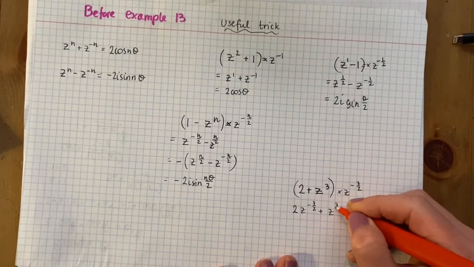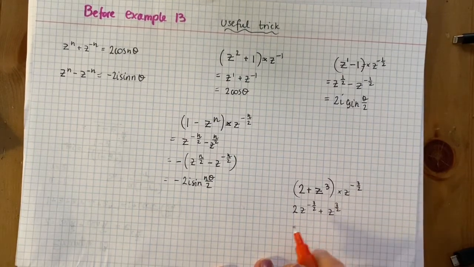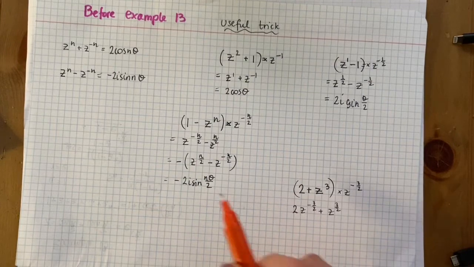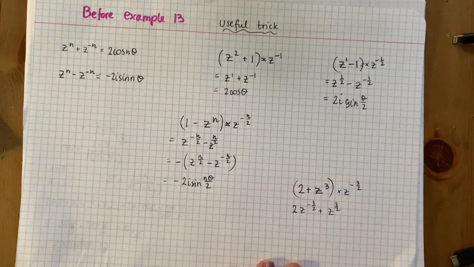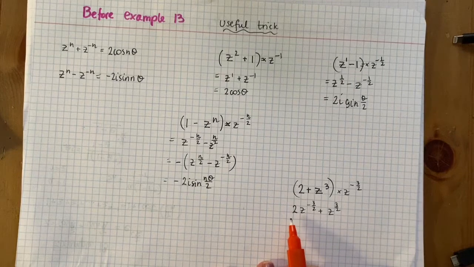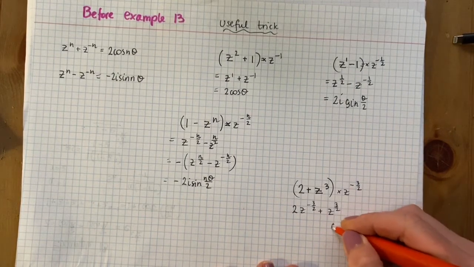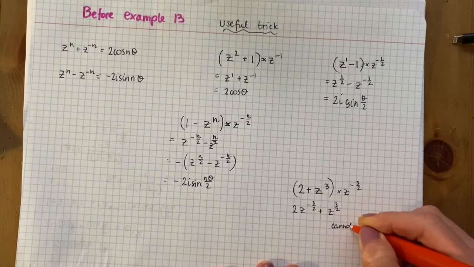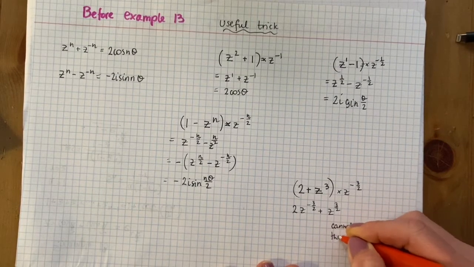That gives you 3 over 2. You can't replace this expression with the identity. You've got 2 of these and you've got only 1 of these. So if you had 2 of each, that could work because you could factorize 2 out, but not of different amounts. So you cannot use the identity here.